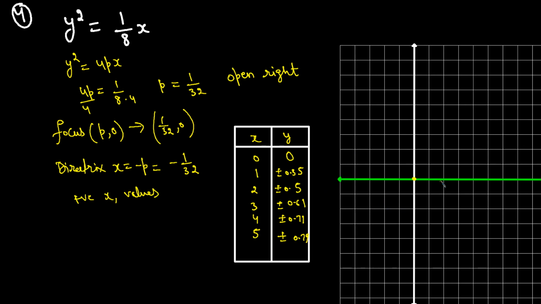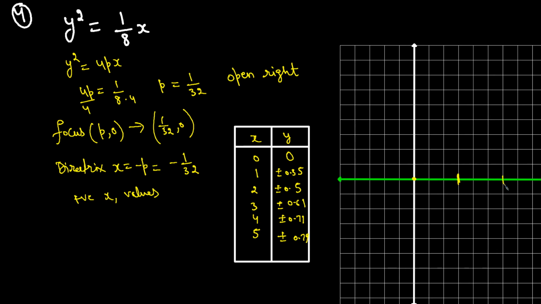Okay, so let's go over the focus. Let's say this is my 1 here, and this is my 2. For 1 over 32, let's say 3 of these divisions make my 1.